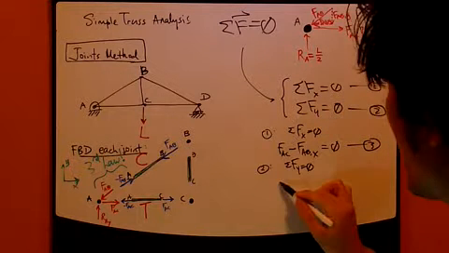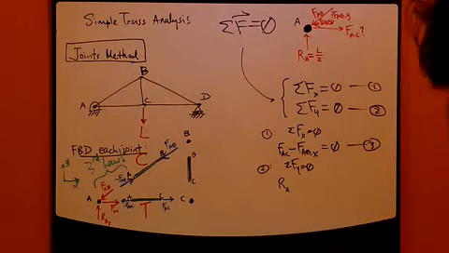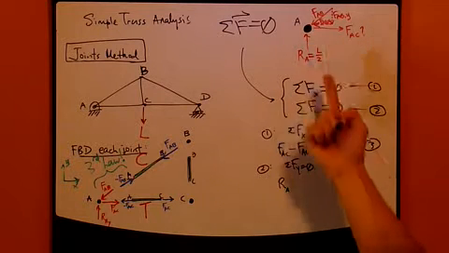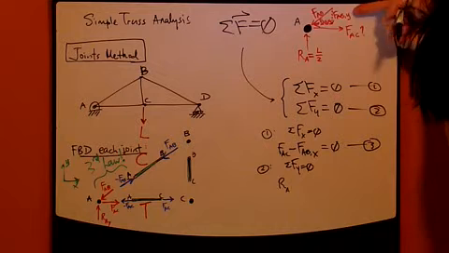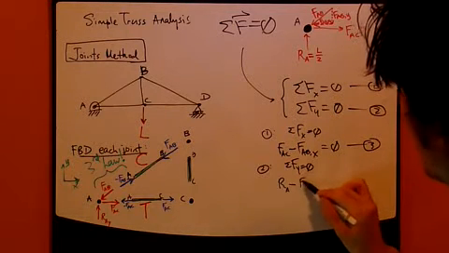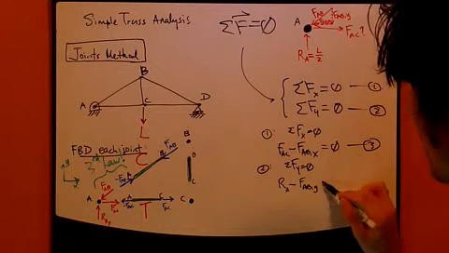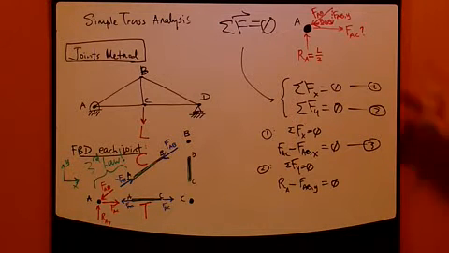First of all, I have this RA, reaction force at A, points up, so it's positive. What else? Well, I have this FABY, pointing down, so it's negative. FABY equals 0. That's it. There's nothing else, right?